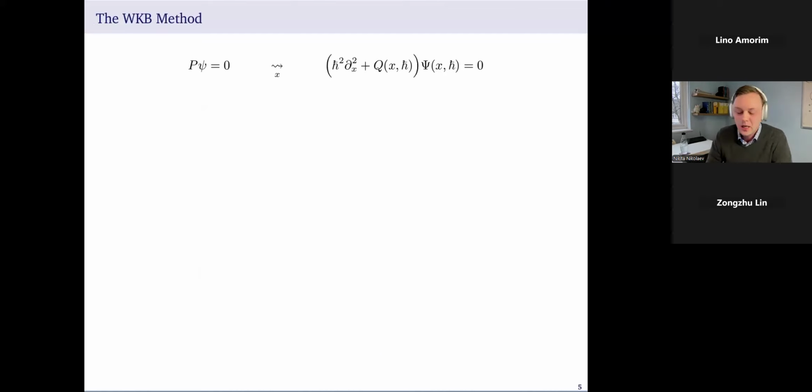Okay, so I want to now talk about the WKB method, which is a very powerful technique, and I want to understand it a little bit more geometrically. Suppose I have this Schrödinger equation on this spin bundle, and let me choose a local coordinate x so that I'm looking at an actual Schrödinger equation in a coordinate x.